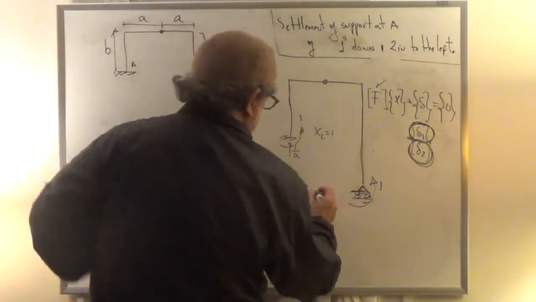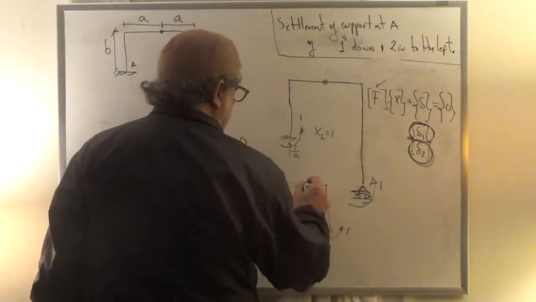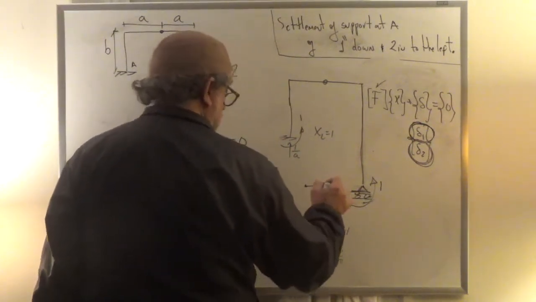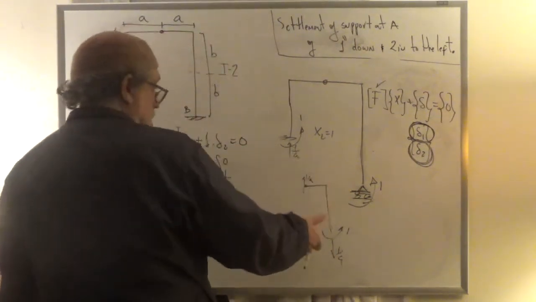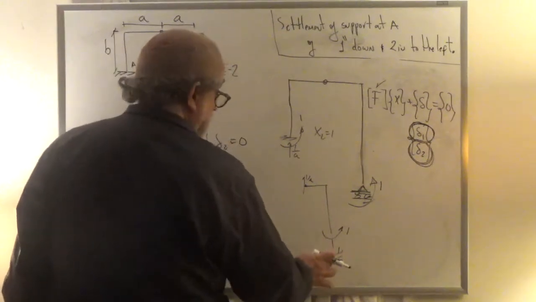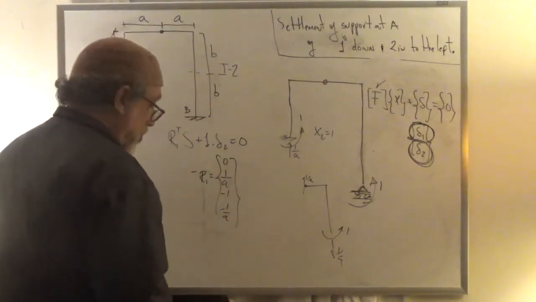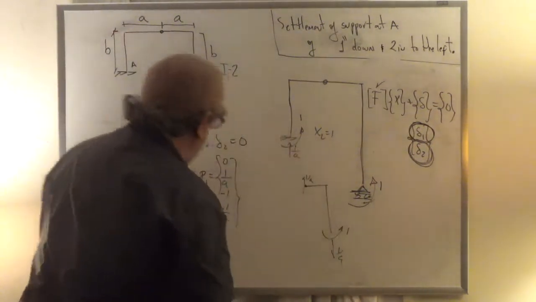I erased it again without knowing. I think it was 1 over A. Let's see. This is a 1. Summing moments about here. Yeah, that was 1 over A down, right? And then this was 1 over A up. So, yeah. So that means in this point, minus 1 over A. So those are the reactions on that structure in the case x2 equal to 1.